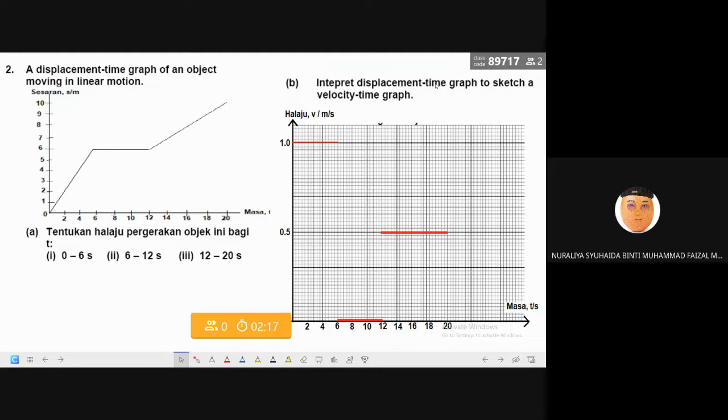Teacher kena buat B ke? No need, B no need because B you need to sketch, only A.